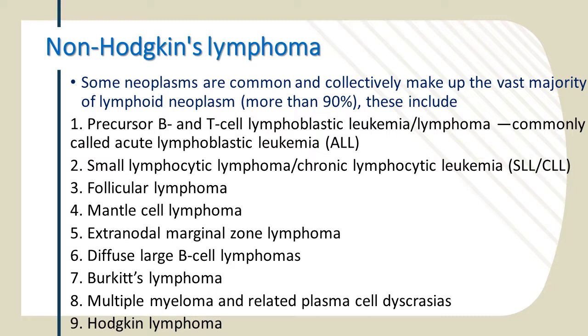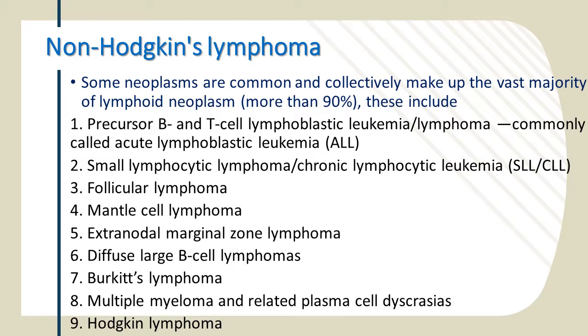Some neoplasms are common and collectively make up the vast majority of lymphoid neoplasms, more than 90%. These include, first, precursor B and T cell lymphoblastic leukemia or lymphoma, commonly called the acute lymphoblastic leukemia.